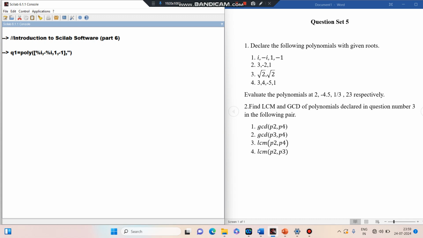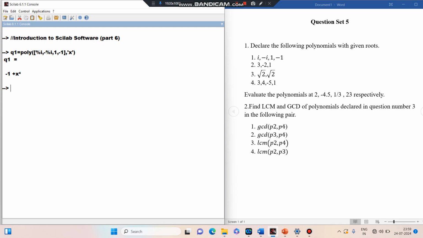Since we are using the variable x, we are going to write x here. Now this is done. We don't need to write that c in the codes as we have seen in the previous. That c we were writing because we wanted the coefficient and we were giving the coefficient, and therefore this is x raised to 4 minus 1, having 4 roots which are i, minus i, 1, minus 1 respectively.